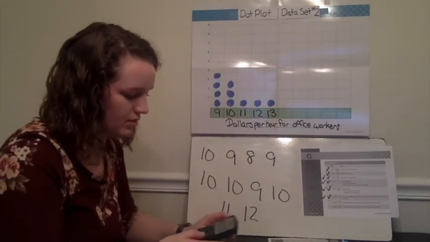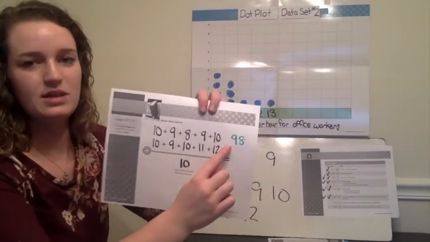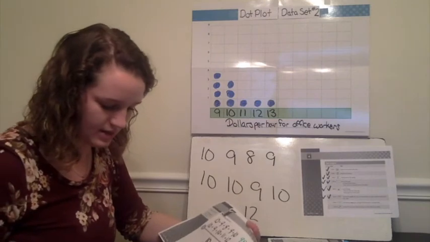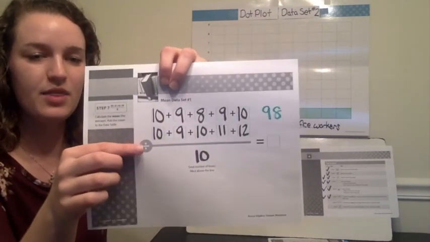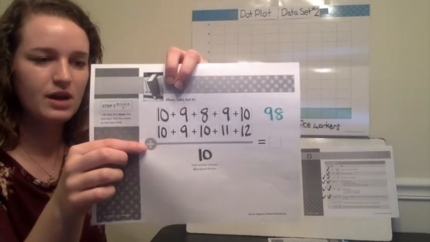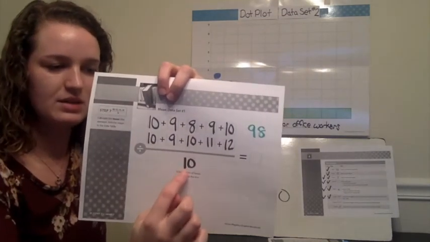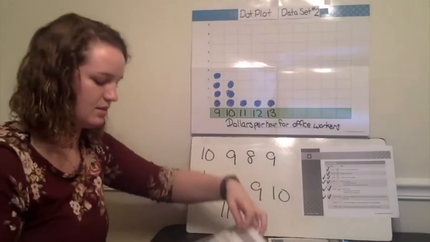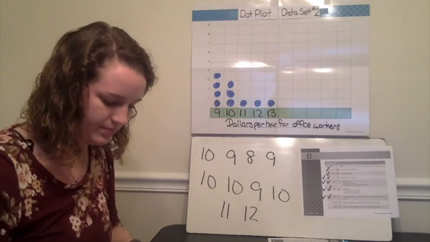So now in your calculator, we're going to clear it. So our number was 98. So type 98. And then we're going to do divided by. That's this symbol right here. Divided by. And we're going to divide it by 10. 98 divided by 10.